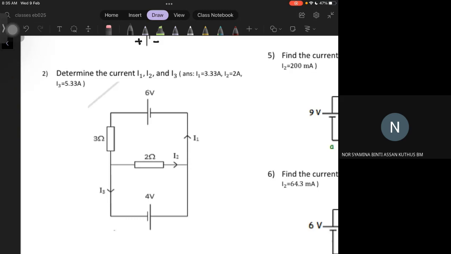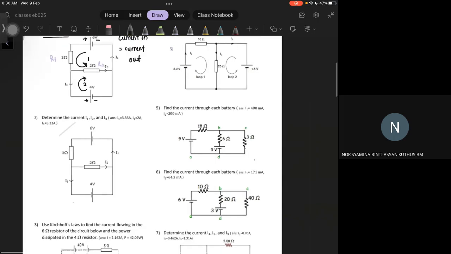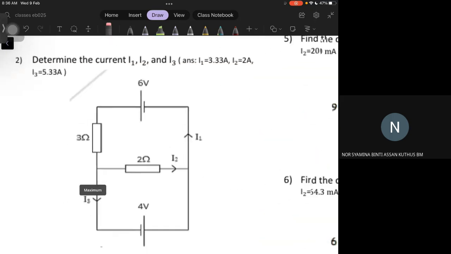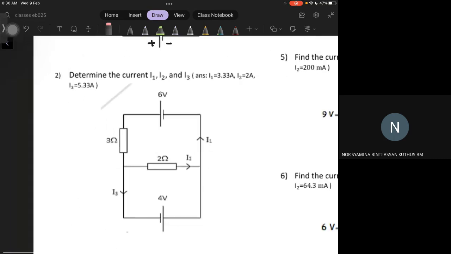Oh, apa yang beza dekat sini antara soalan 1 dengan soalan 2? Beza dia lah awak punya voltage source dekat atas dan bawah berbeza arah. So let's do question 2 and see what makes it different when we change the direction of positive and negative terminal of our voltage source.